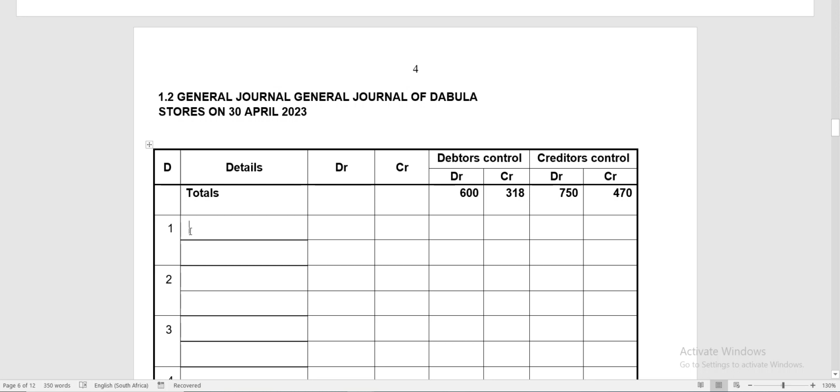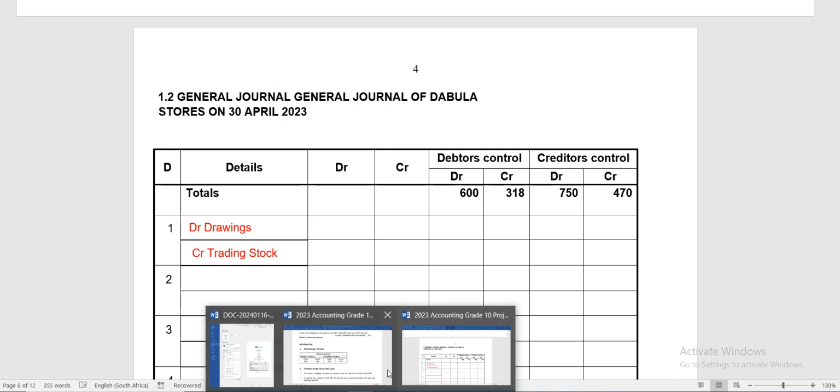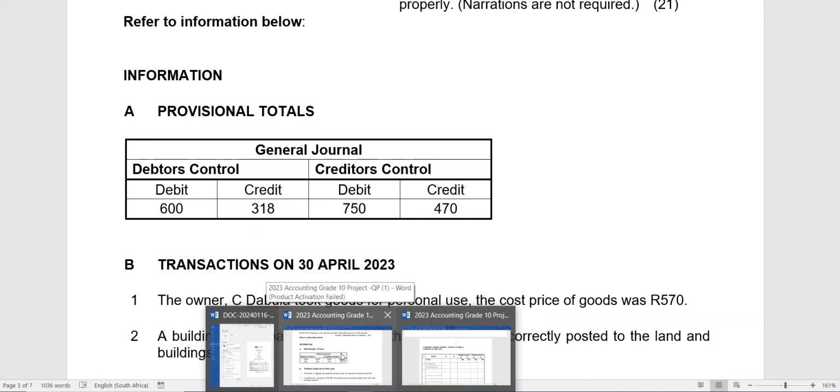So here, remember I said we are debiting drawings, and then the account credited is going to be our trading stock, because trading stock as an asset is decreasing. Okay, so we'll credit trading stock, and then from there we just have to show the effects. On the debit side, I'm going to enter the one that belongs to the drawings account. On the credit side, the one that belongs to the trading stock, and then we'll be done with the effects of this transaction.